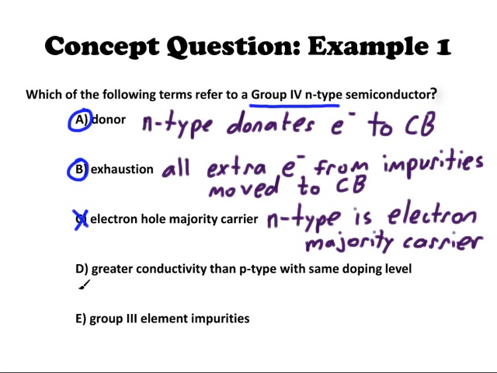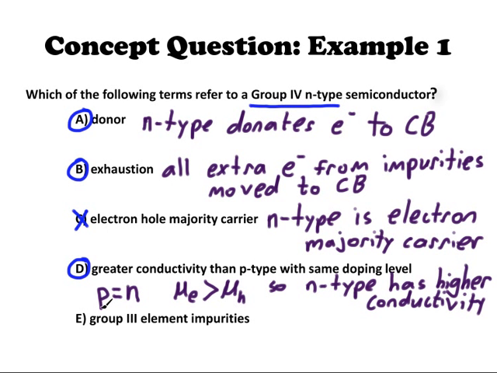Option D, greater conductivity than P-type with the same doping level, is a correct answer because you have the same amount of P-type carriers as you do N-type carriers based off of the same doping level. Now, the mobility of electrons is about twice as large as the mobility of holes, so the N-type is going to have the higher conductivity.